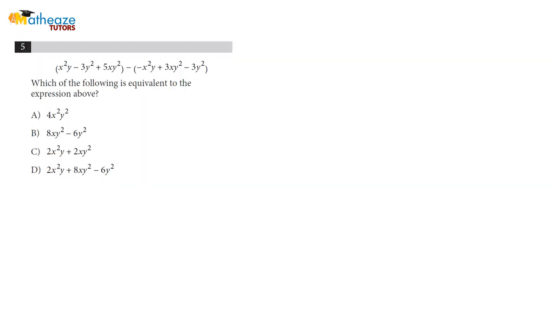Number 5. So we're going to simplify this. So we have (x squared y minus 3y squared plus 5xy squared) in parentheses, minus, and then we have (x squared y plus 3xy squared minus 3y squared). To make this easy to distribute, I'm just going to put a 1 out here.